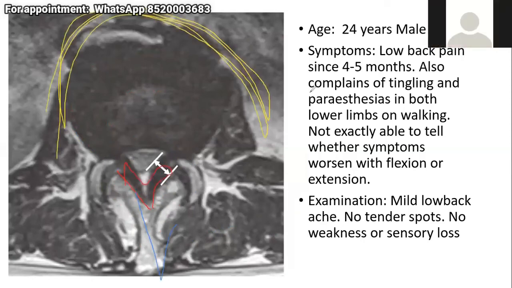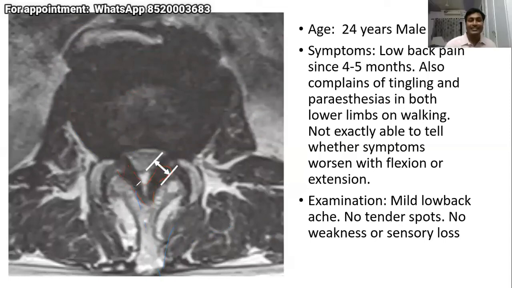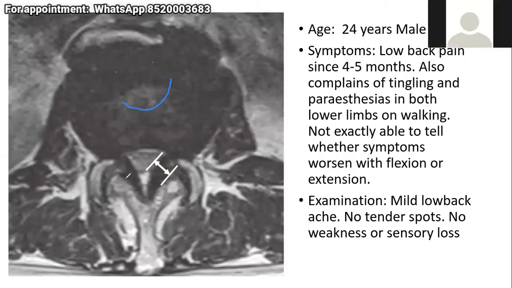Right. Now stop drawing, please. The one who has drawn with the red pen is the correct person. So this is the ligamentum flavum. There is an increase in thickness of the ligamentum flavum, which comes with your experience. Usually the ligamentum flavum is a very thin line. But here there is an increase in its thickness.